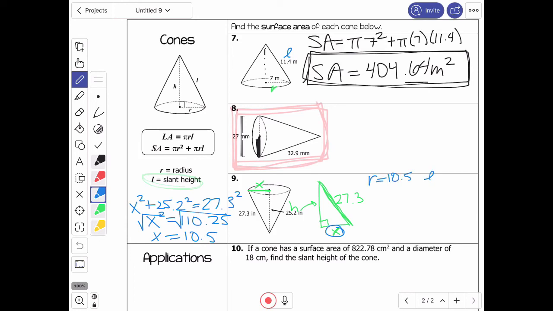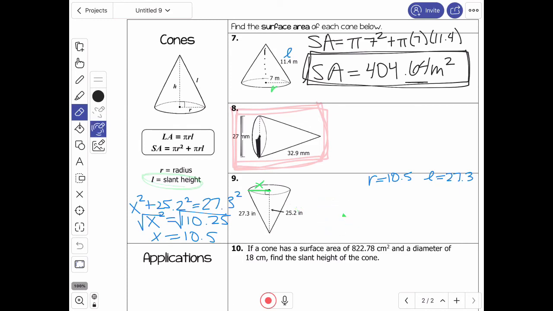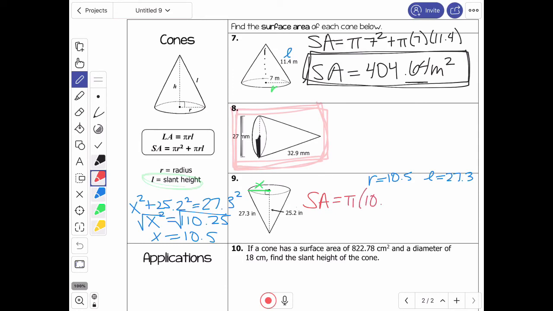And then my slant height again is 27.3. So I can now use all of that to figure out my surface area by taking pi times r squared plus pi times 10.5 times 27.3.